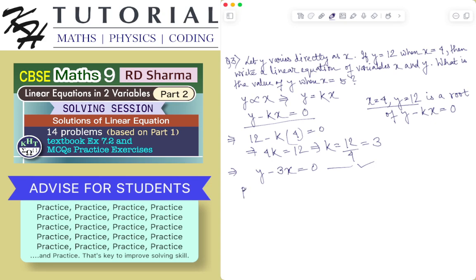So putting x equals 5 in equation 1, we get y minus 3 into 5 equals 0. So this implies y is equal to 15. So when x is 5, the value of y will be 15.